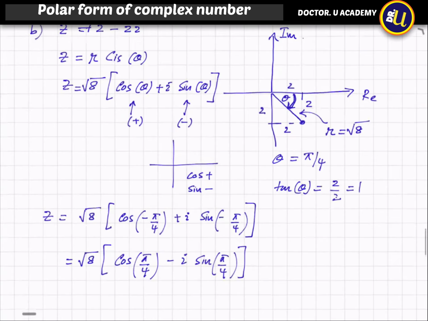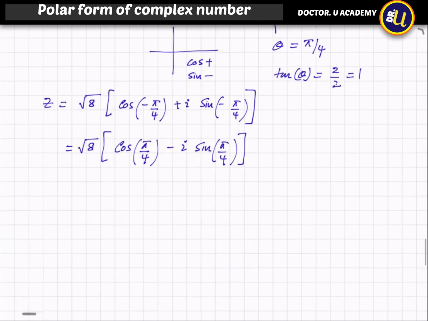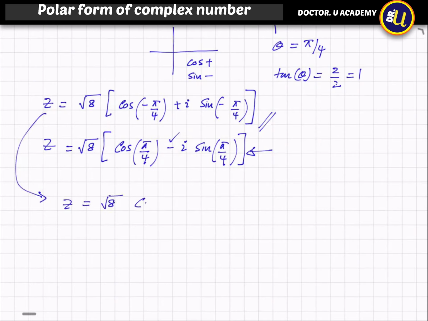Now when you simplify, you get the same thing, but what we need is the cis form. In cis form you cannot have a minus. So this is what our answer is, not this. This is written so that we can do the back calculation and convert it into Cartesian form. So going back, z can be written as square root of 8 cis minus pi divided by 4. That would be the answer.